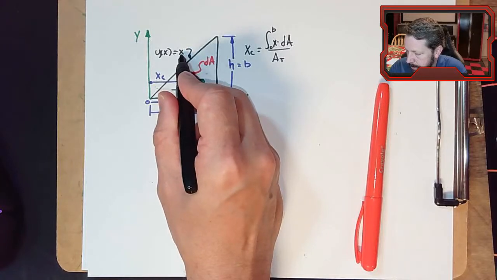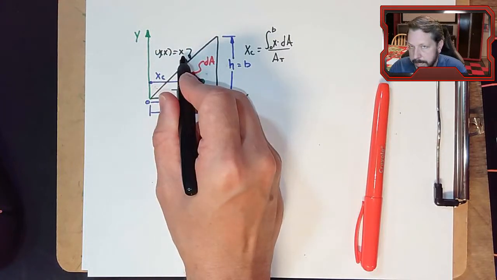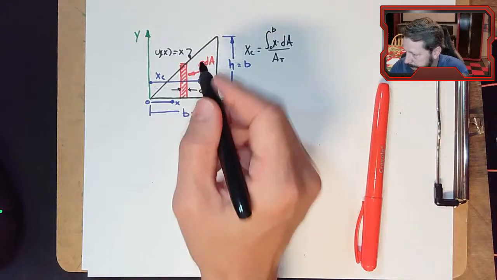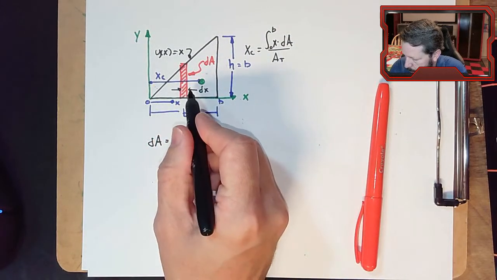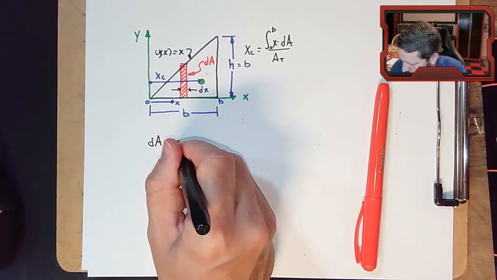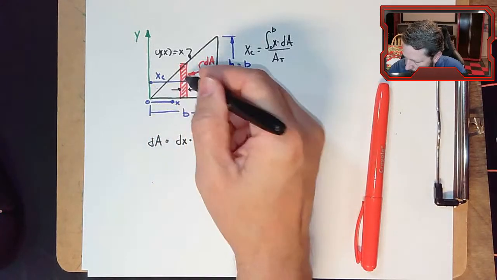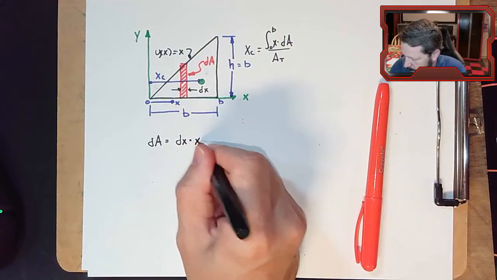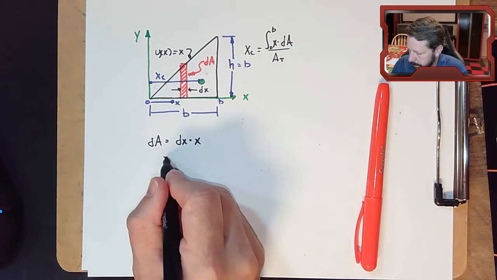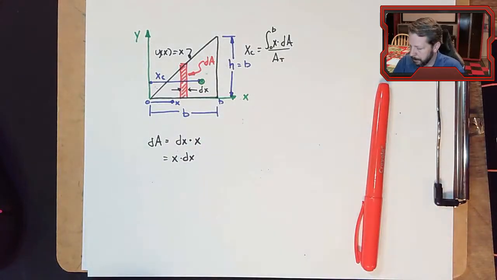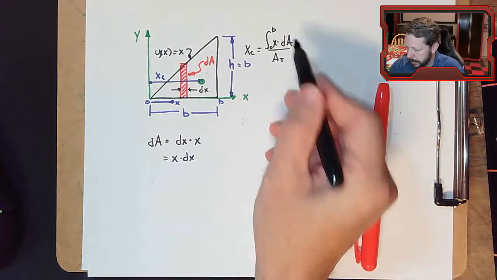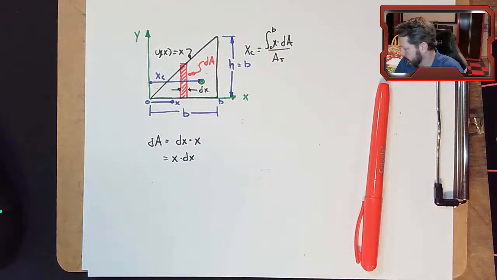And the equation just says that the height y is equal to x. So dA equals base of dA, which is dx, times the height of dA, which is x. And normally you're going to write that as x times dx instead of having the dx up front. So everywhere I have dA, I can just replace it with x dx.